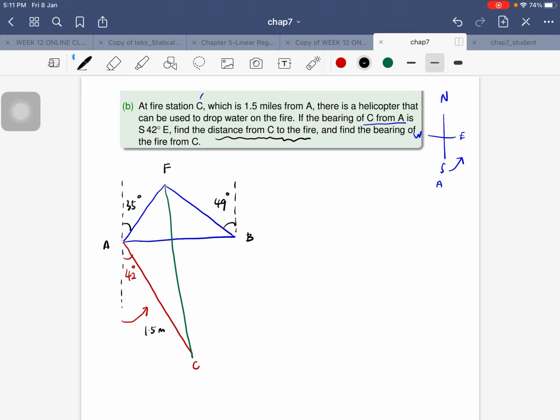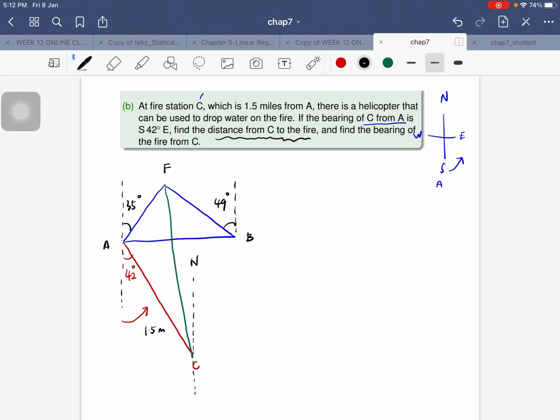Of course, when we want to figure out bearing, please draw a straight line so we can figure out the direction. The straight line. So this is going to be our north. First of all, based on the information that we had, I am going to find the value of CF.